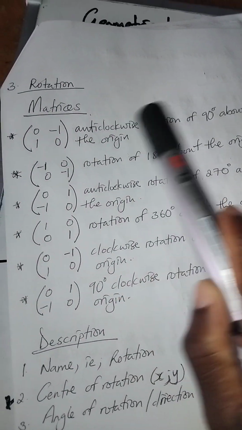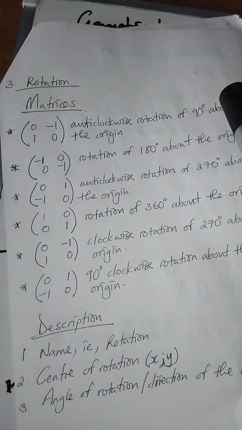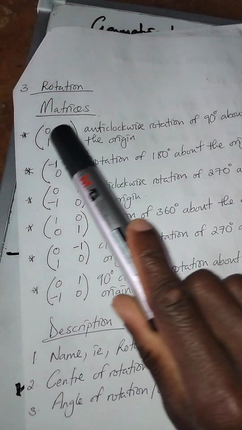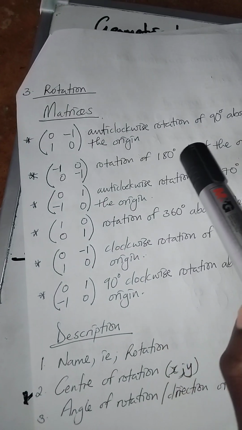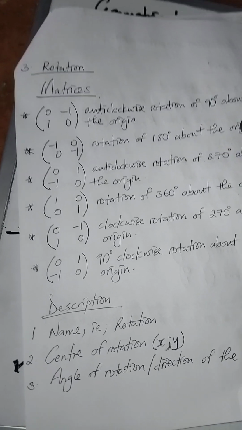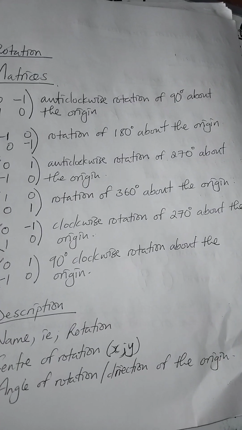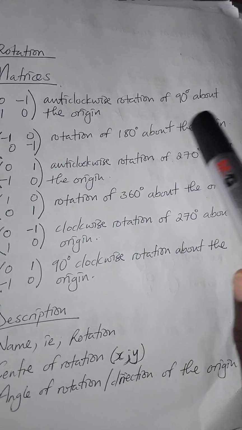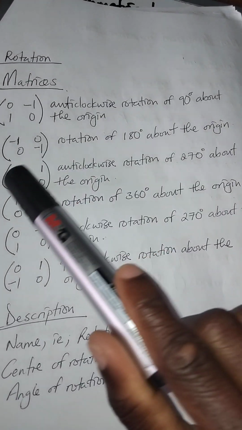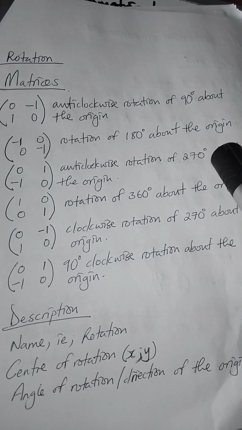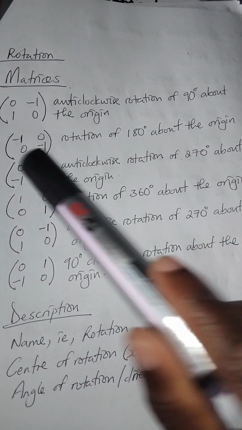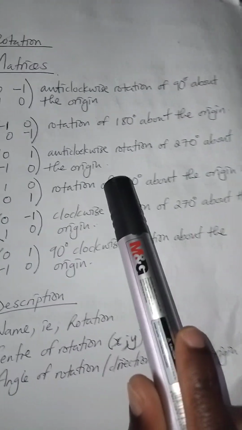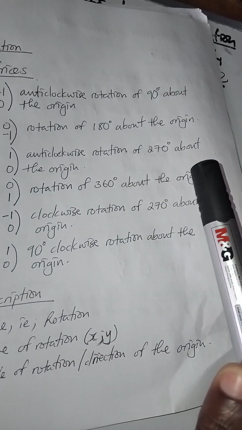Matrices of anticlockwise rotation of 90 degrees about the origin. Rotation of 180 about the origin. Anticlockwise rotation of 270 degrees about the origin. Rotation of 360 about the origin.